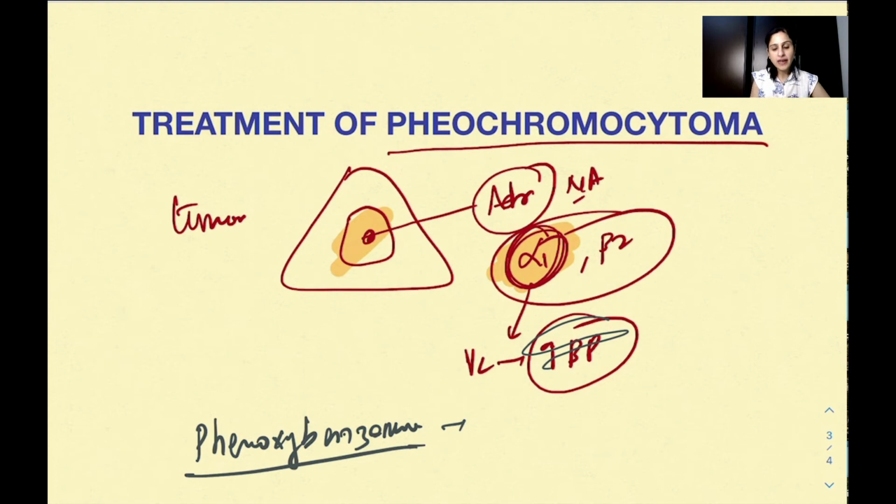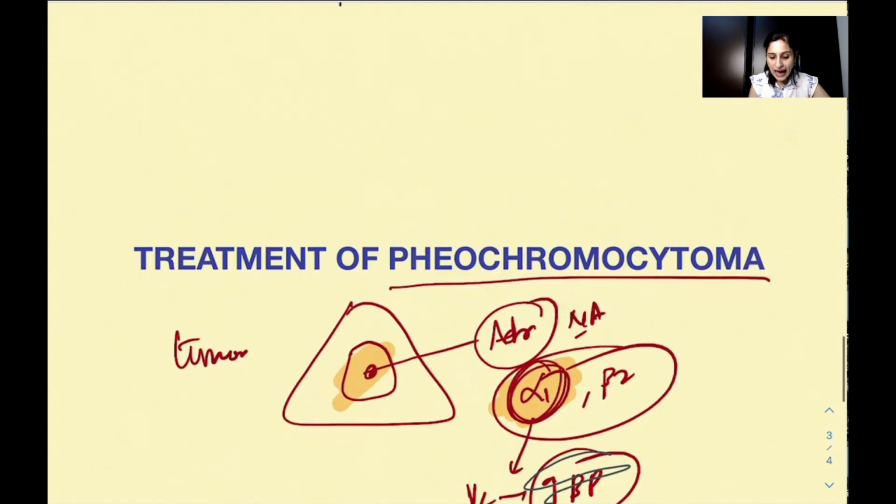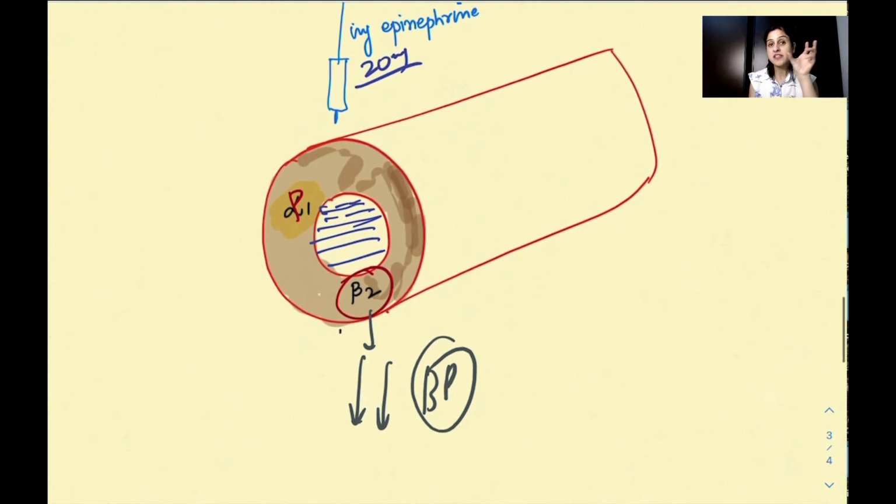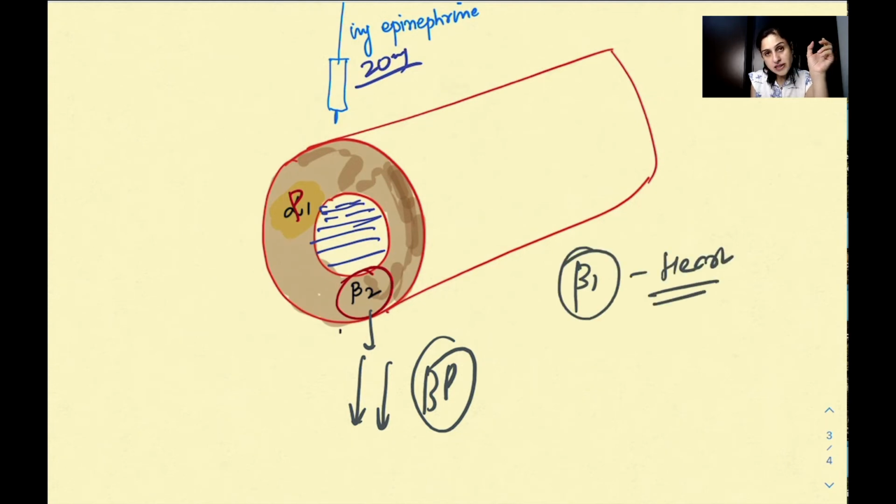But what is the problem? Now they are going to act on the beta 2 receptors. So when they only act here on the beta 2 receptors, there can be really a drop in the blood pressure. Hypotension will occur. And second, they will not act only on beta 2, they will also act on the beta 1 receptors which are present in your heart and they lead to an increase in the heart rate.